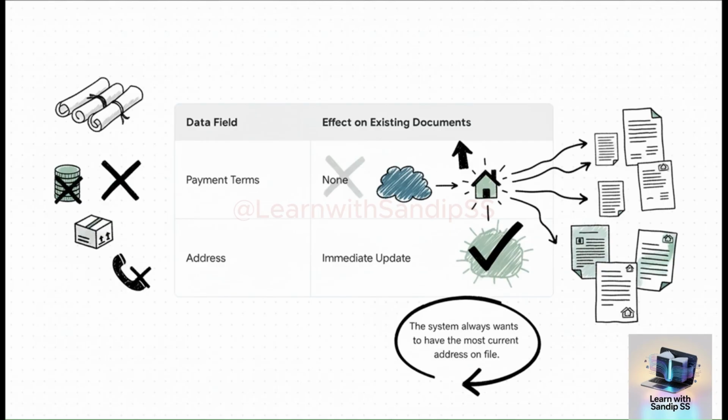You can change payment terms, shipping conditions, you name it, and your old documents stay just as they were. But you change the address, bam. That change immediately flows through and updates all open sales orders, deliveries, everything. Why? Because the system's number one priority is making sure things get to the right place.